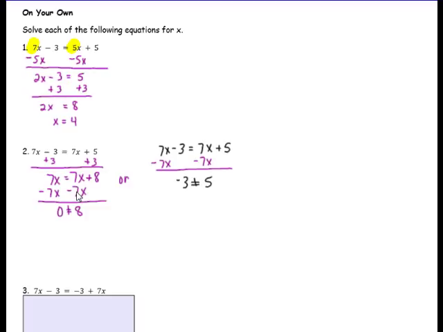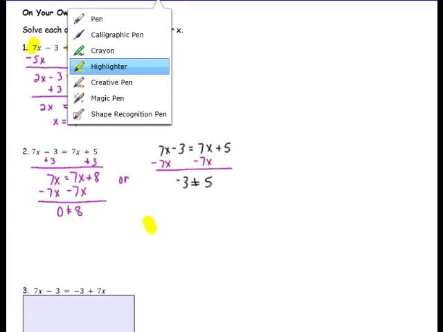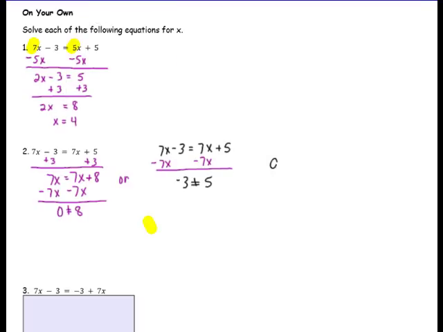When you end up with a statement of a equals b, and a and b are different numbers, we say that the equation has no solution.